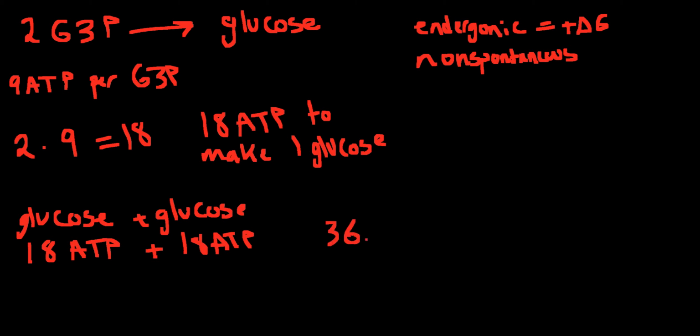So 36 ATP total to make a disaccharide. So this is most of the math that goes into it.